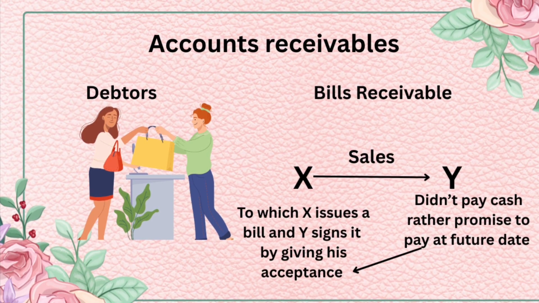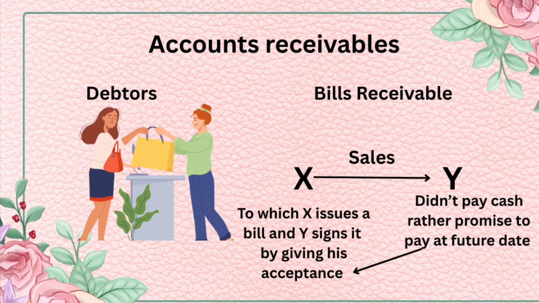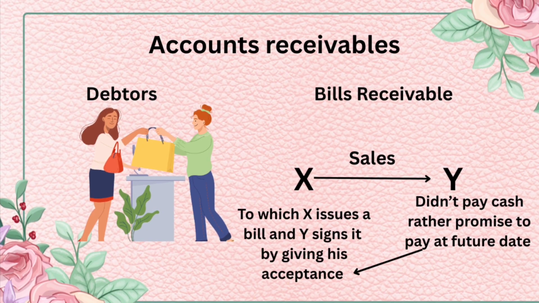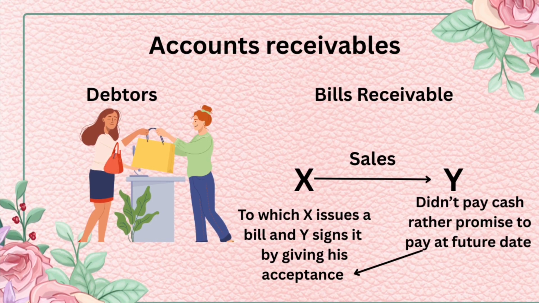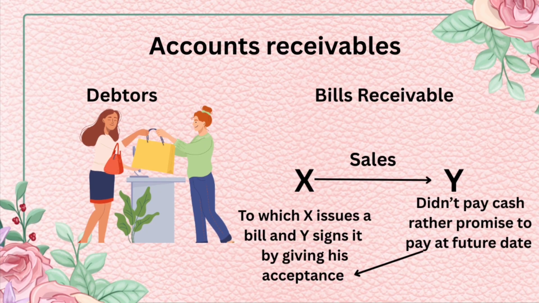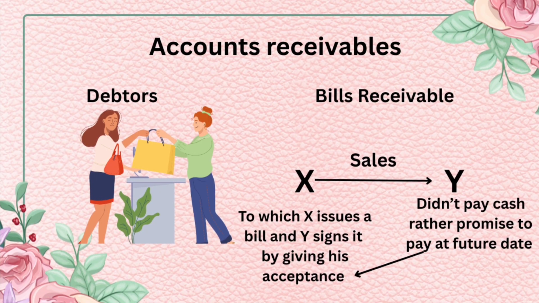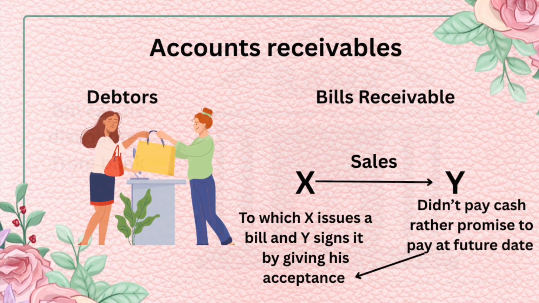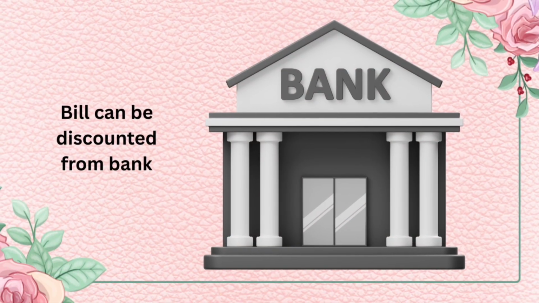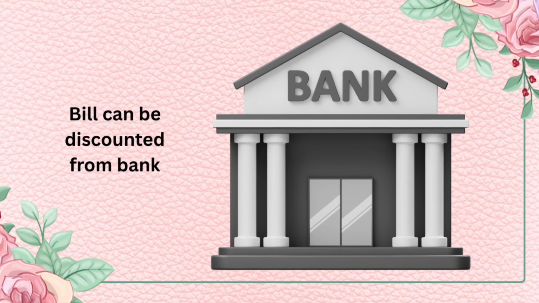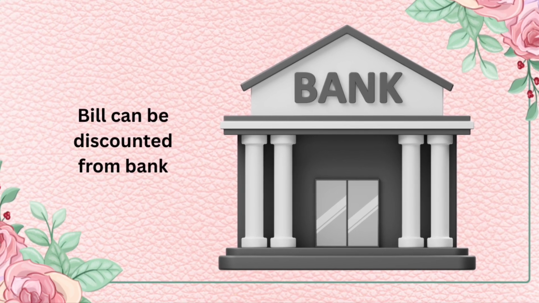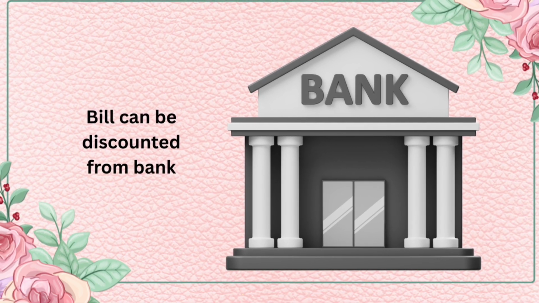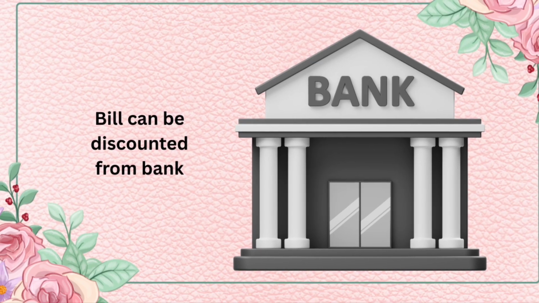For this, X will prepare a bill which he sends to Y, and Y will give his acceptance by signing this bill. Now this bill becomes bills receivable for X. This is highly beneficial, as in case of need, X can get it discounted by the bank and fulfill his financial requirement in case Y is not paying the money immediately.